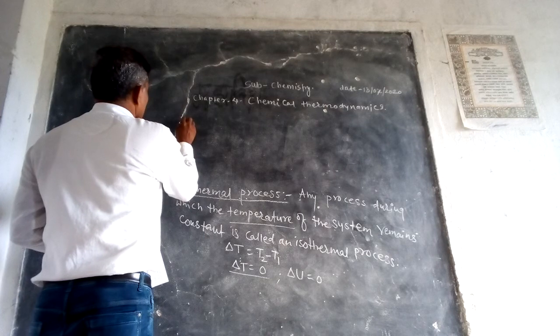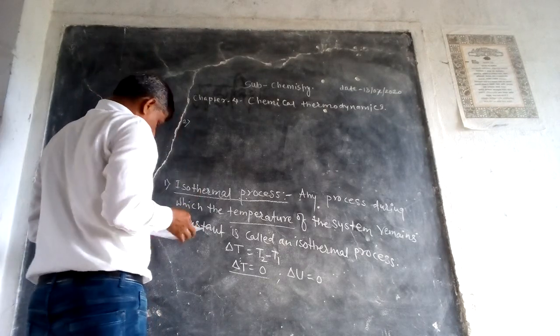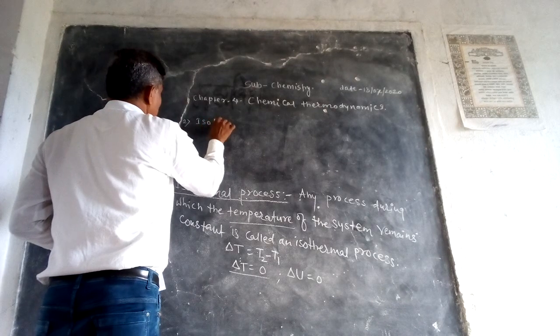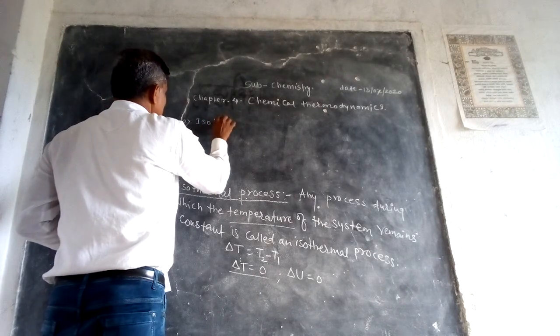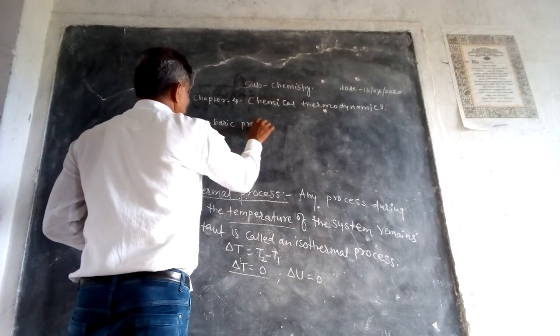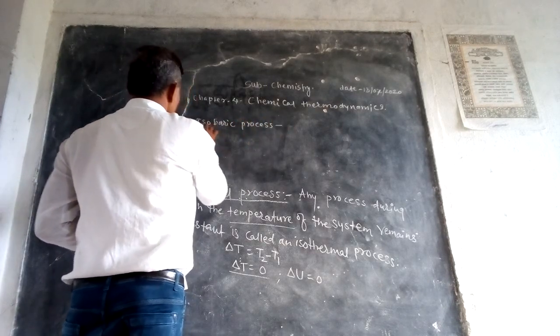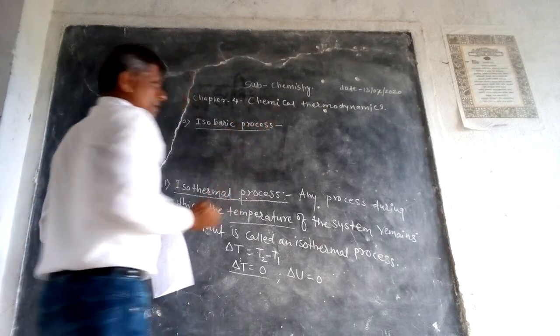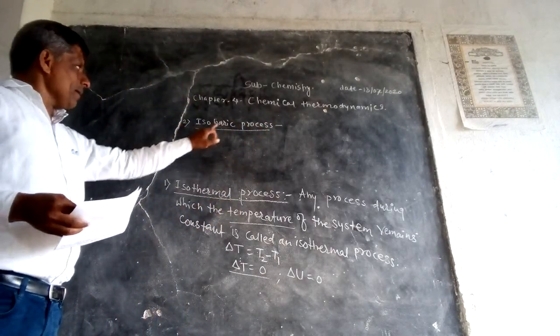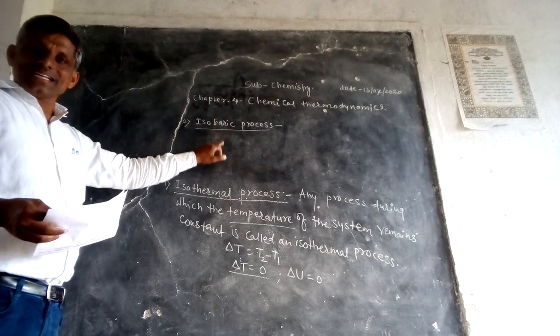The second process we are going to learn here is isobaric process. Here again, iso means same, baric means pressure.